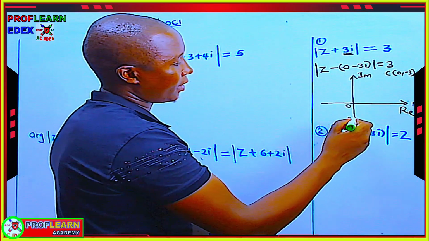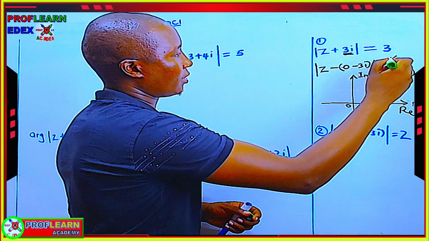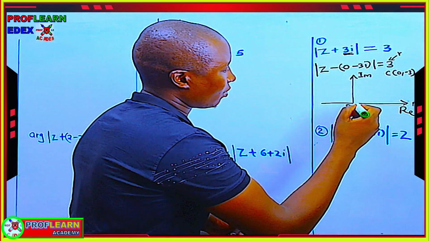And then the radius of this is going to be 3. So we are going to draw a circle of radius 3.